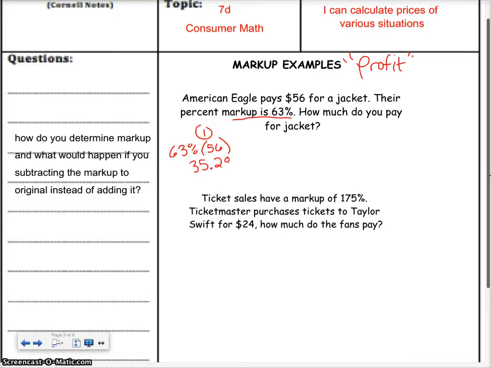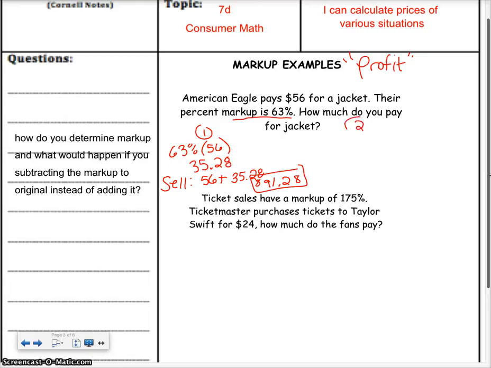Now they're clearly not selling it for that because they paid more than that. So they're going to sell it for 56, what they paid, plus the profit they want to make, $35.28. So 56 plus $35.28 is $91.28. That's how much we are going to pay for the jacket.